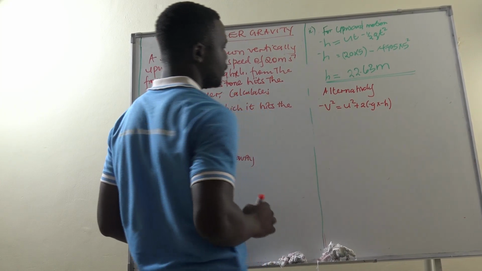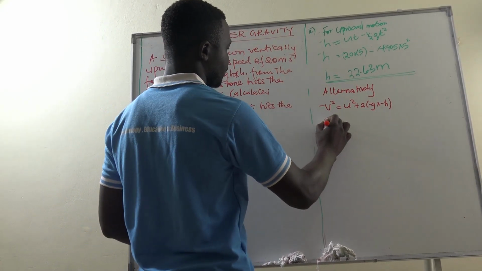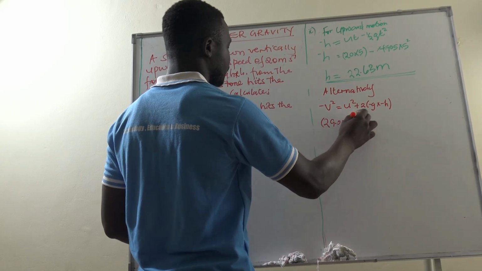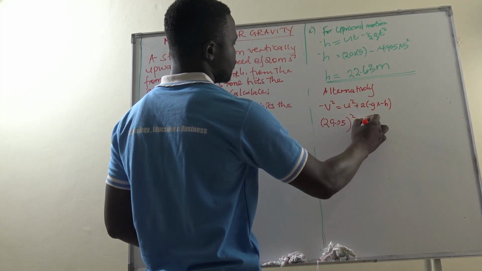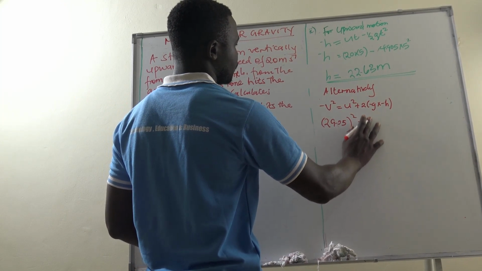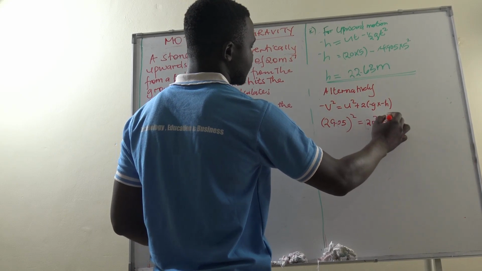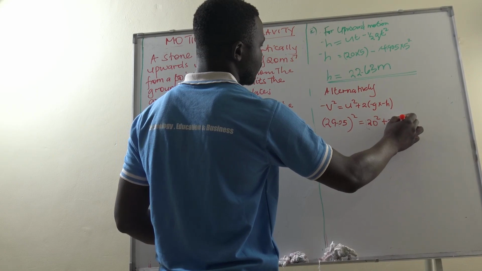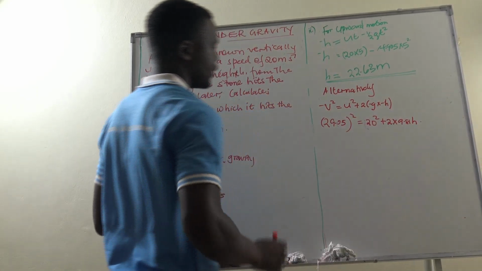Now this v is also negative, but our v was found to be 29.05 squared, which is equal to u squared, that was 20 squared, plus 2 times 9.81 h.